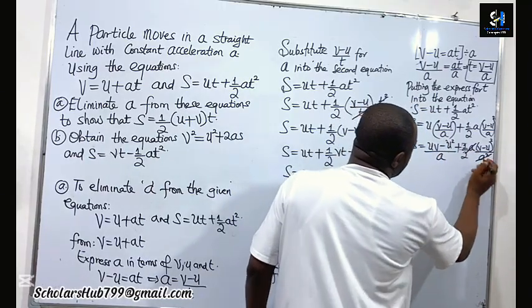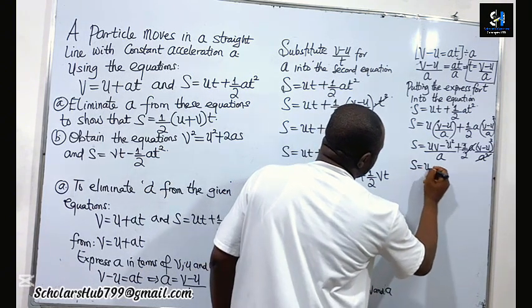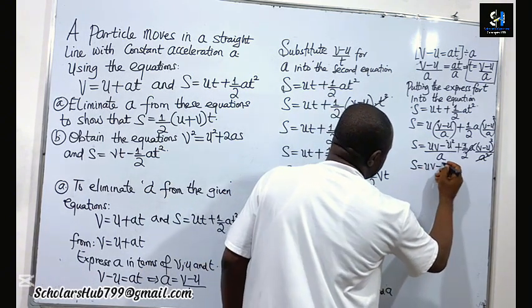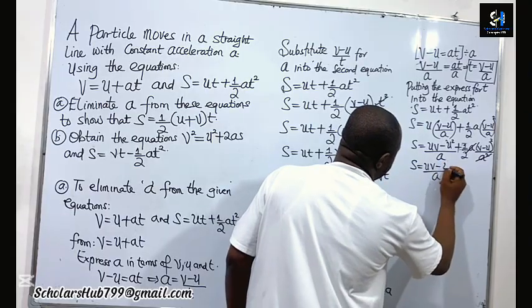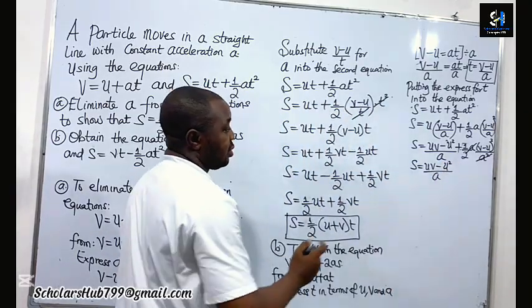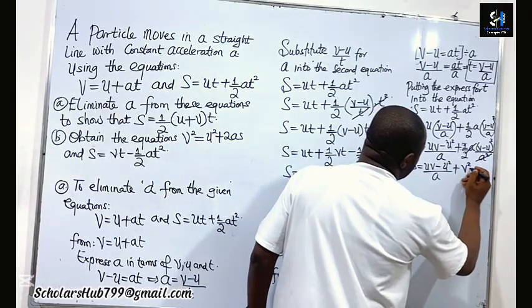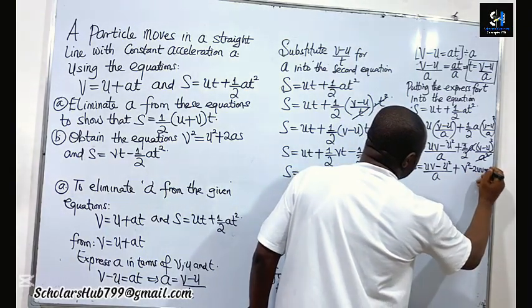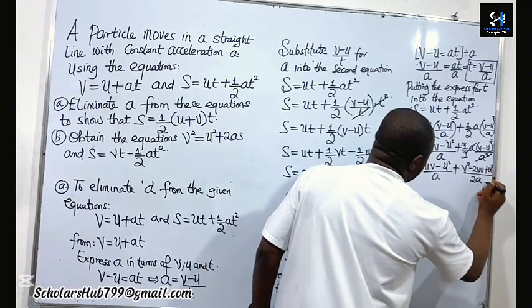So this a will cancel one of these, so we have one a in this case. So s equals uv minus u squared divided by a, then plus v squared minus 2uv plus u squared over 2a.